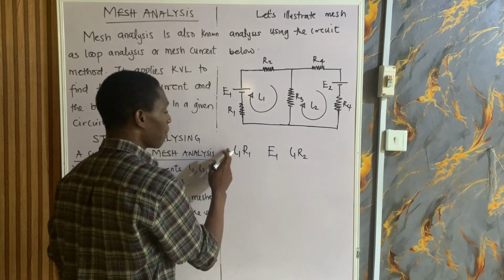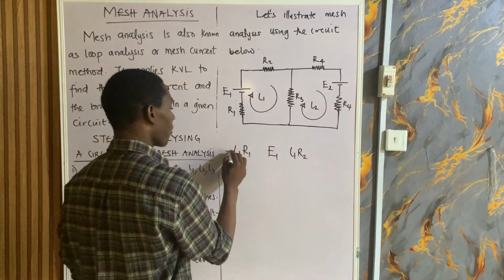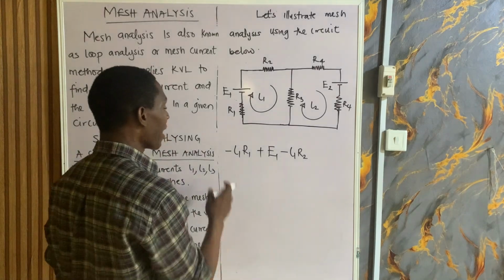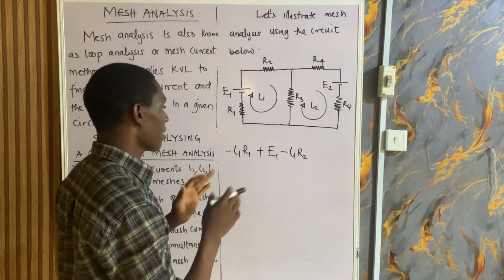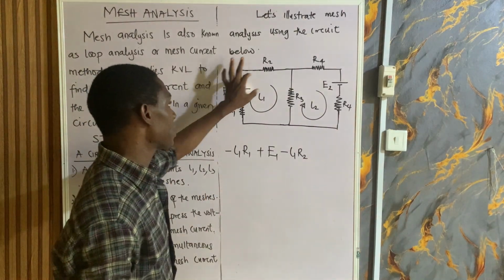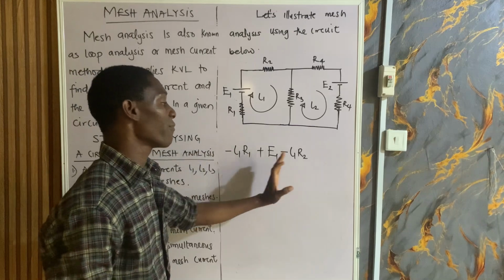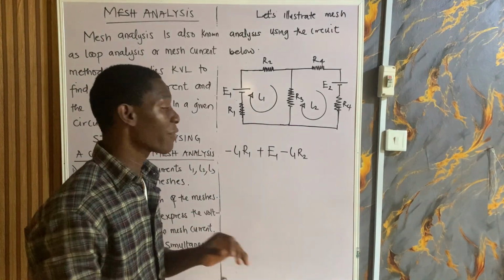But I need to decide, is it plus or minus, positive or negative voltage? Well, this is negative, and this is positive. The question is, why is this one negative? Well, I have an easy way of making this less stressful for anybody. Any resistor you meet in any mesh, just take it to be negative voltage. So there's a negative voltage, or a voltage drop, for every resistor you meet.